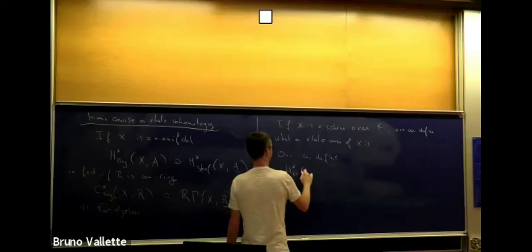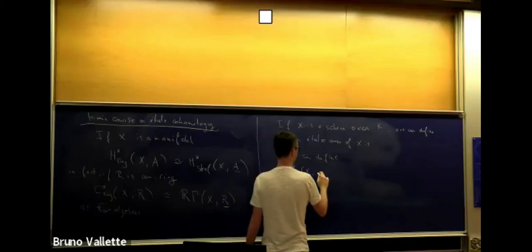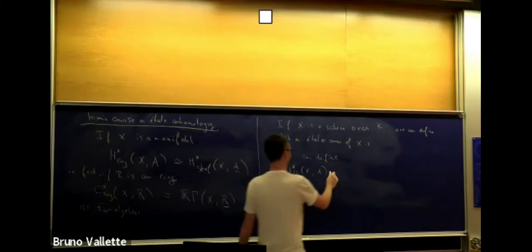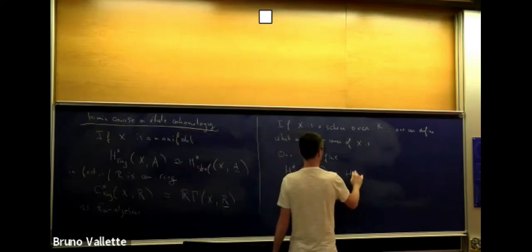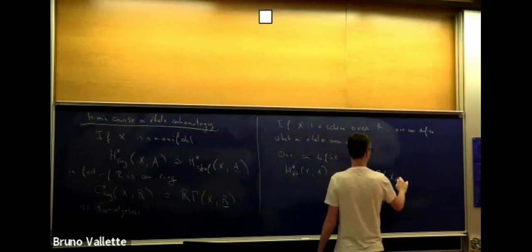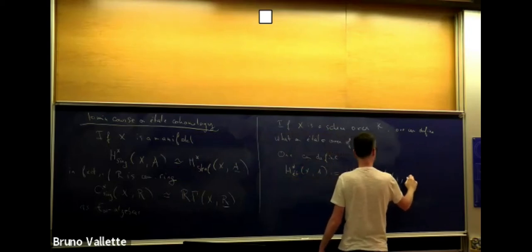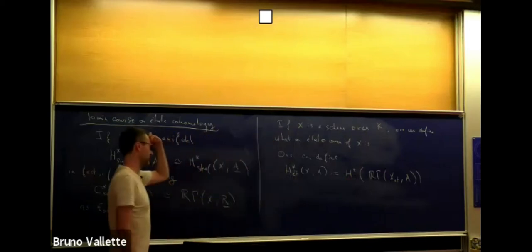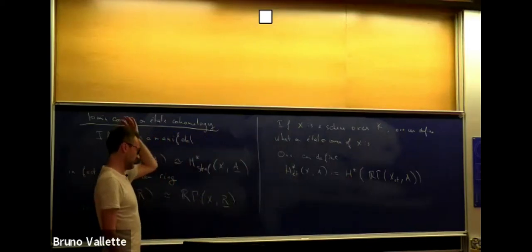Étale cohomology of X with coefficients in any abelian group, and in fact in any étale sheaf on X, is by definition the sheaf cohomology with respect to this notion of sheaf with respect to étale covers.